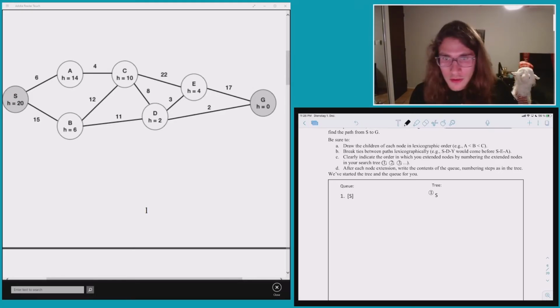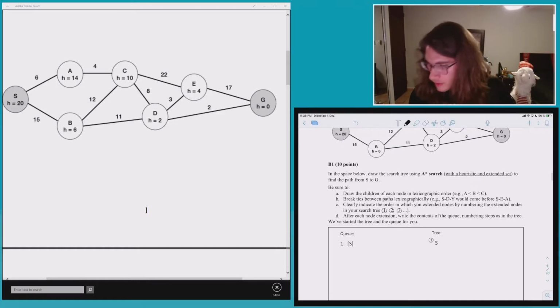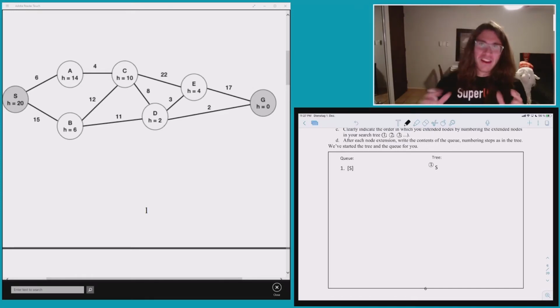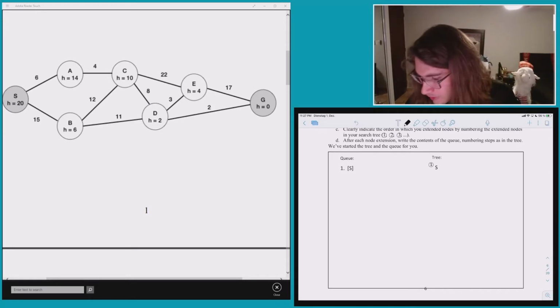So where are we? This is question B1. I'm pulling up the notes as well to make sure that I don't have to make any more breaks in the video and make it as cohesive as possible. So let's, whoops, my notation. I'm going to pop S off the queue.